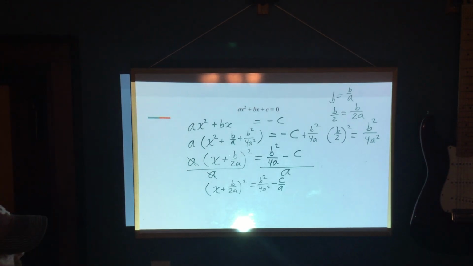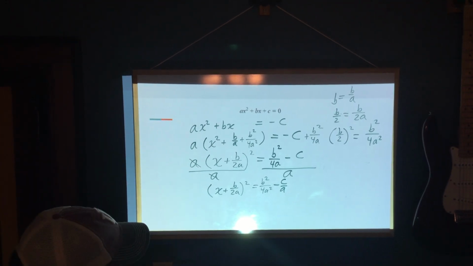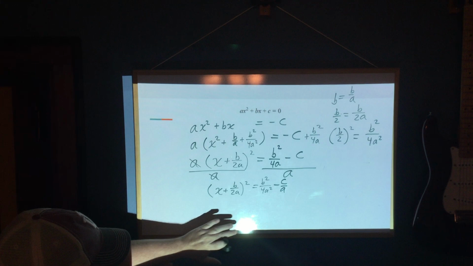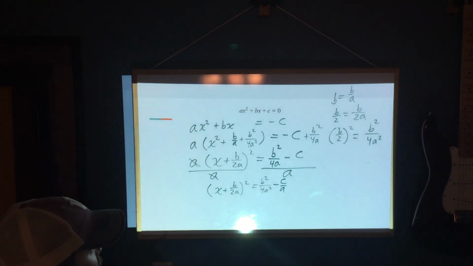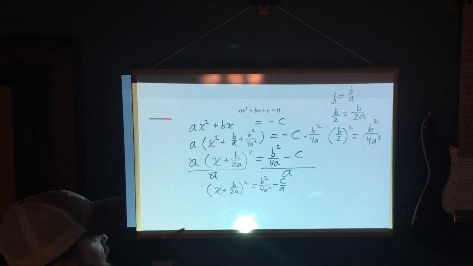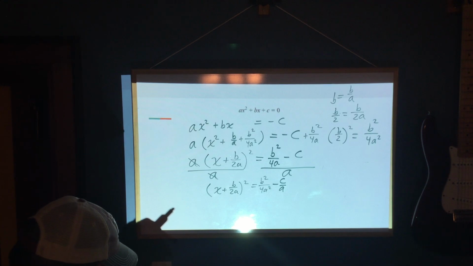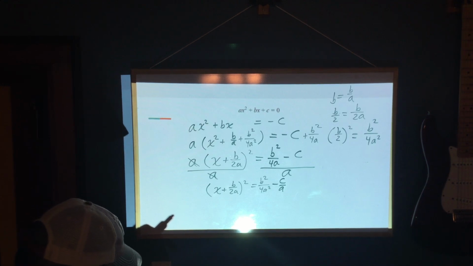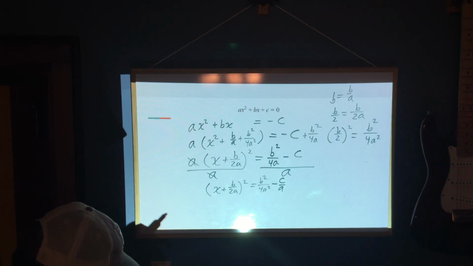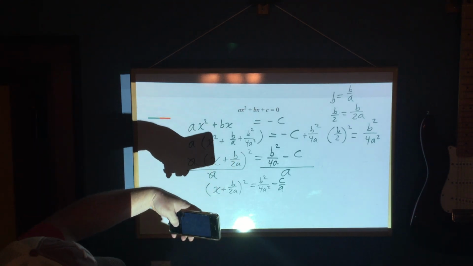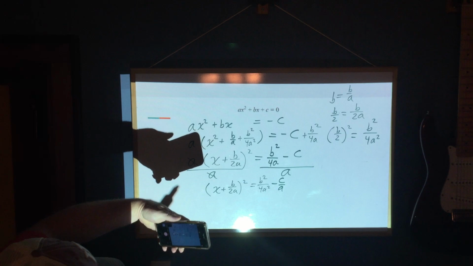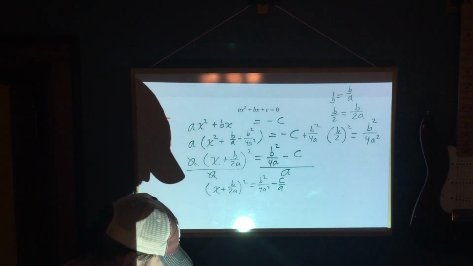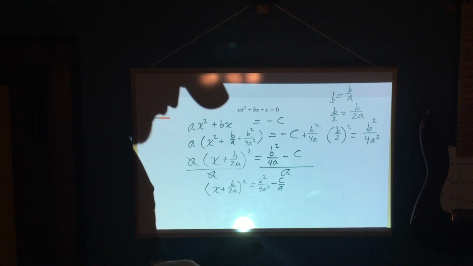So now it's getting kind of crazy here. I think this is the spot where my glare is. So let me take a picture of where I am so I don't mess this up. Then I'm going to erase and start back where we left off. So let me erase.